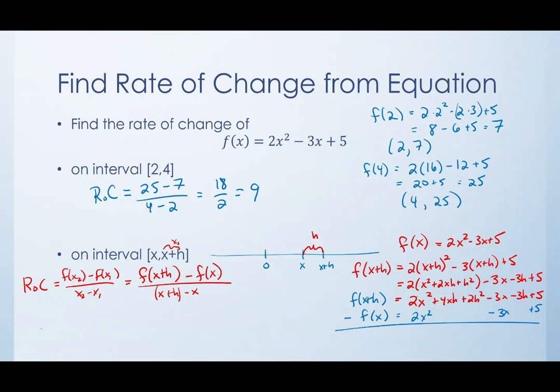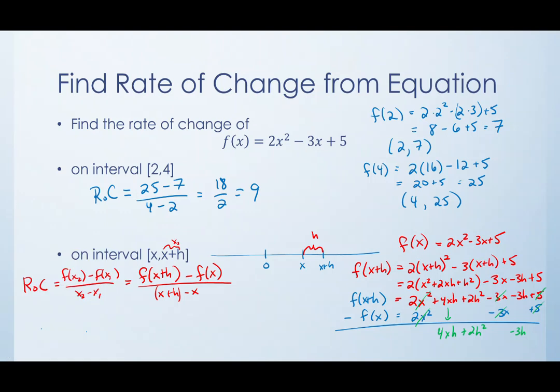And of course, the x squared terms are going to cancel. I'm going to have the 4xh. I'm going to have the 2h squareds. My 3x terms are going to cancel. I've got minus 3h, and my 5s are canceling, because remember, we're doing subtraction.